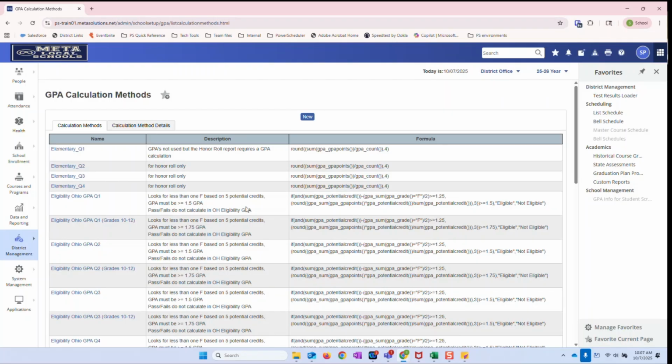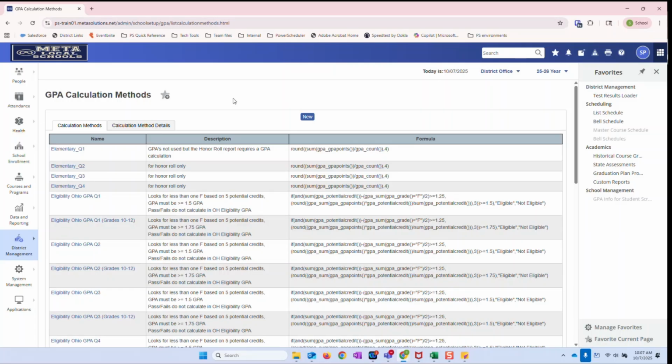If you've never seen the screen, this lists out every GPA calculation in the history of PowerSchool for your district. Anything that's been used in the past is being used in the present. Just a couple of cautions on this page. We would never encourage you to come through and change these names or edit these calculations without very careful consideration.